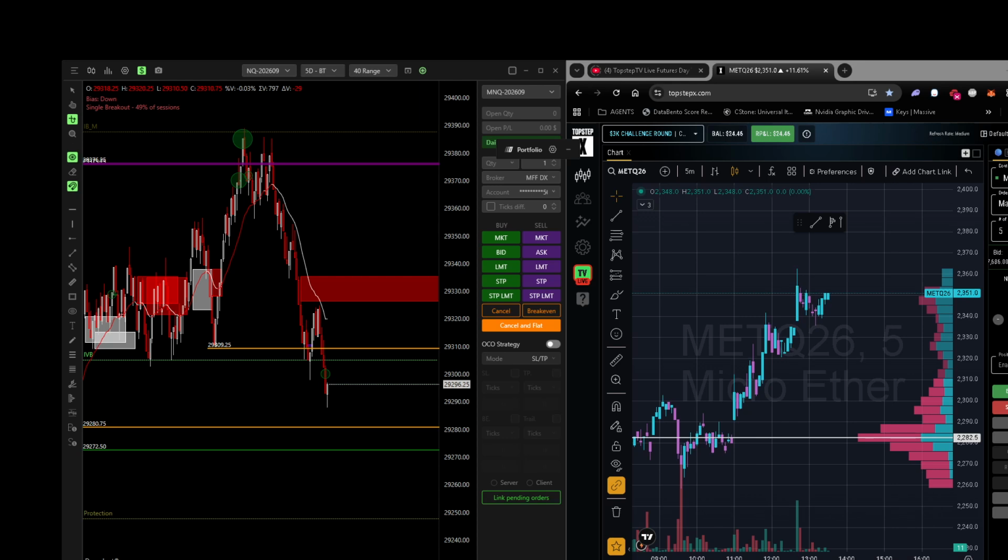Sellers are getting absorbed. We're almost to the protection level too. I'm going to wait for this candle to close.